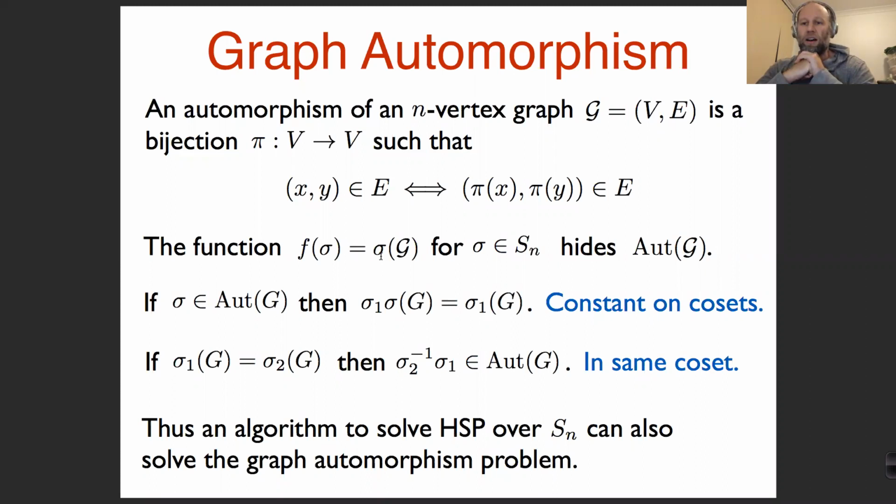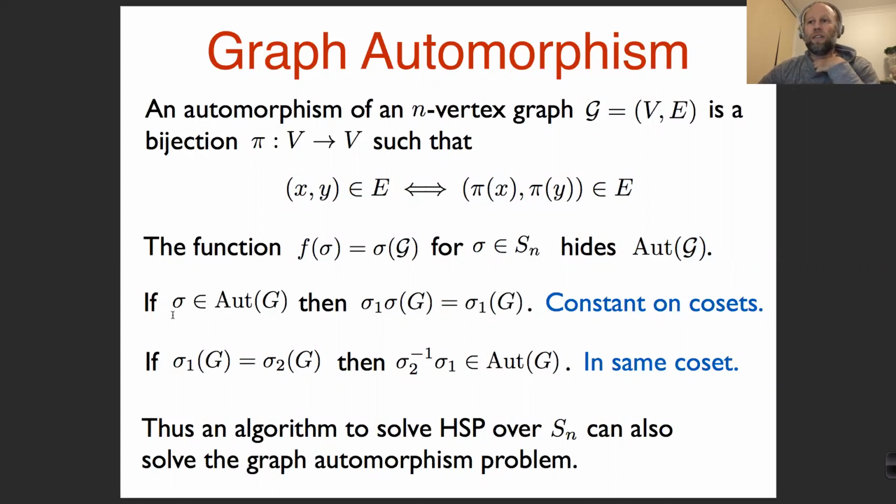And we claim that this function hides the automorphism group, the subgroup of automorphisms. To do that, we need to show two things: that f is constant on cosets of this subgroup, and that it's distinct on distinct cosets.